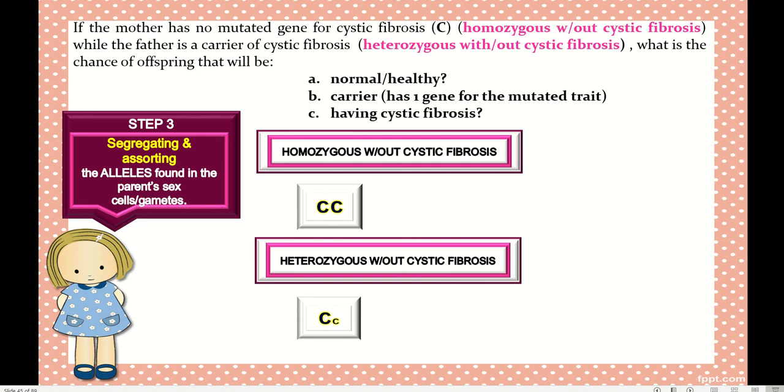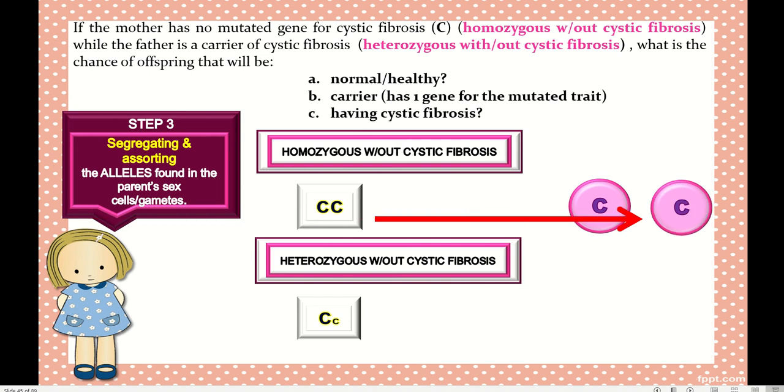To mimic how segregation is done, all you have to do is separate the capital C's: one C allele will be part of one egg, and the other will separate and be part of the other egg.